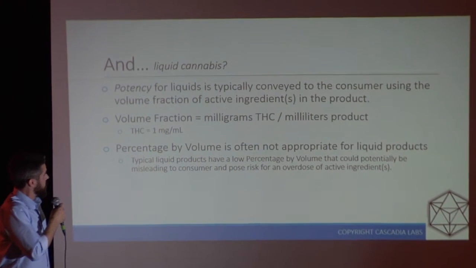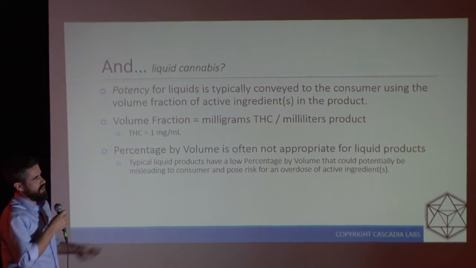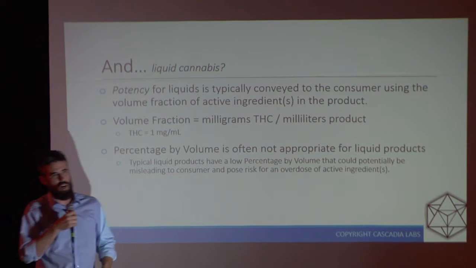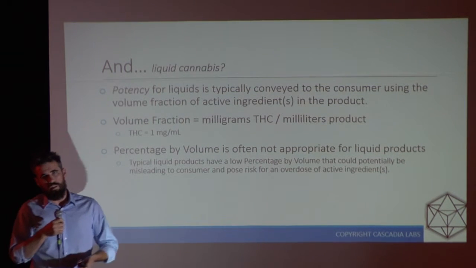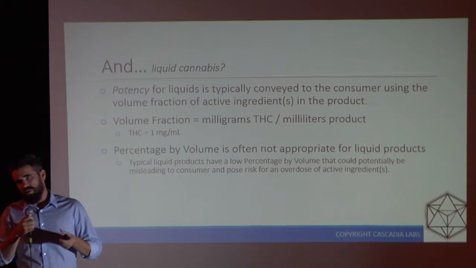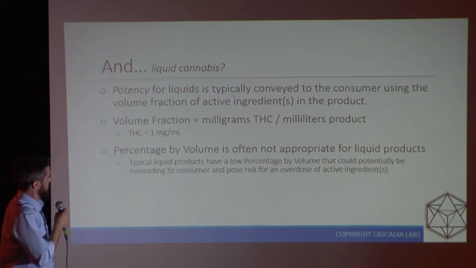What we're looking at for liquid products is the milligrams of that active ingredient per volume of the total product. So that would again be milligrams of THC per milliliter, and the way that those products would be dosed is by a volume. For instance, 1 mL would be 1 milligram of THC.